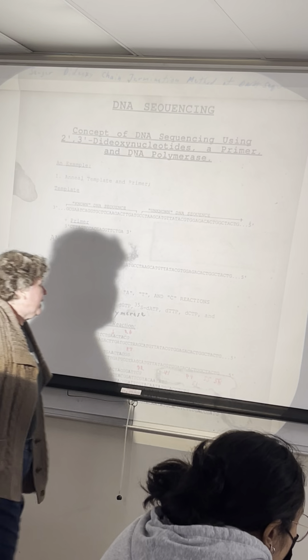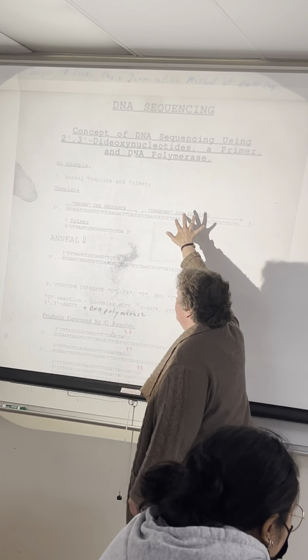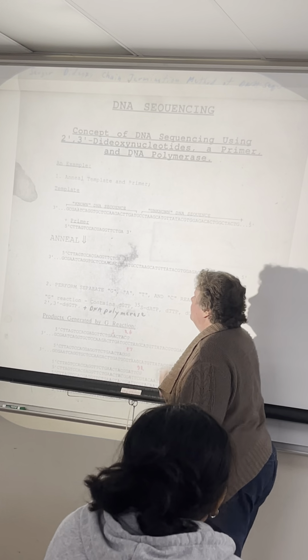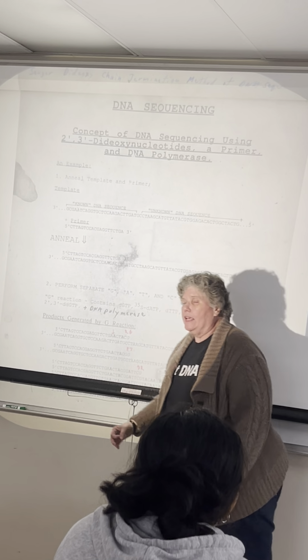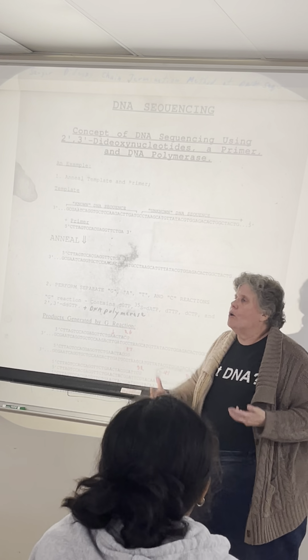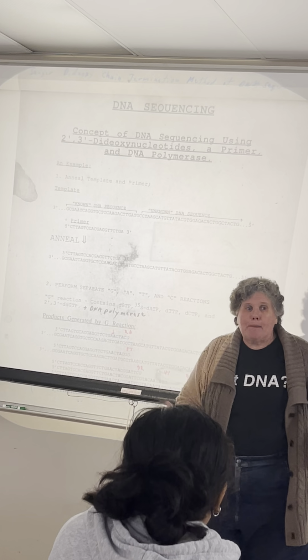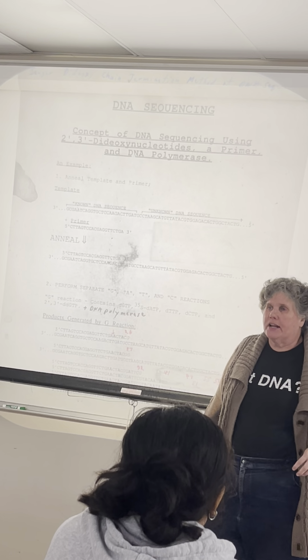Okay, so to do Sanger dideoxy sequencing, you're going to have an unknown sequence, and you want to know the sequence of this, but next to this sequence, you need to have a known DNA sequence. In my lecture yesterday, you were able to find a known DNA sequence by adding adapters onto both ends of the unknown DNA sequence.